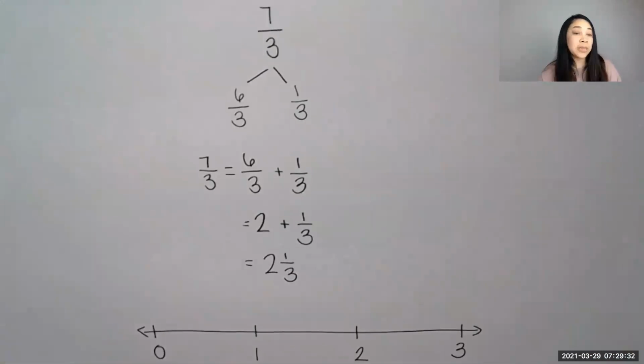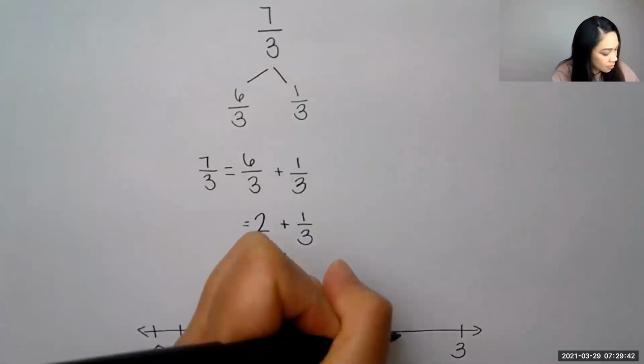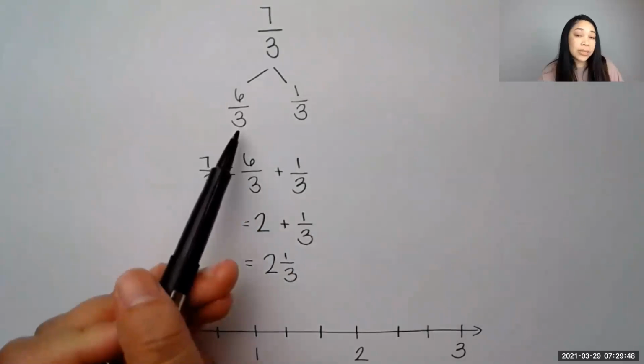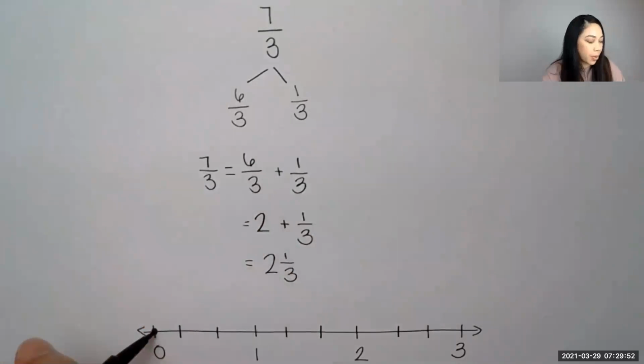Let's now decompose each whole number into thirds so that we can plot 7/3. If you recall from our number bond, 6/3 is the first part. So we're going to start at 0 and jump to 6/3. What does 6/3 equal again? This is the 2.